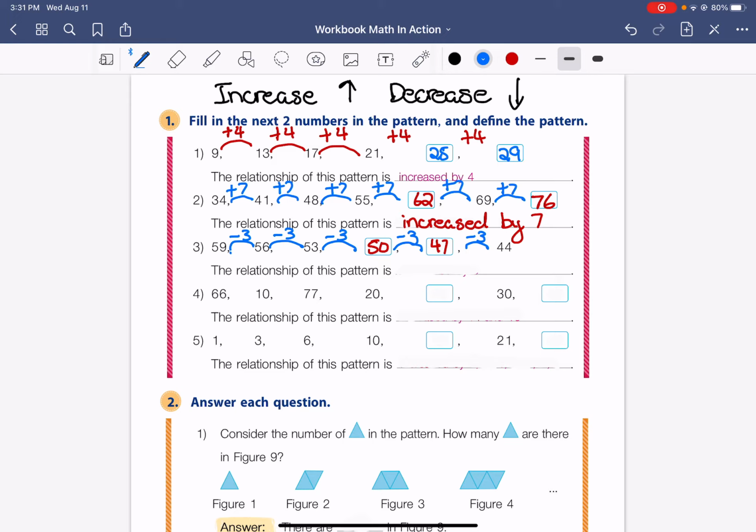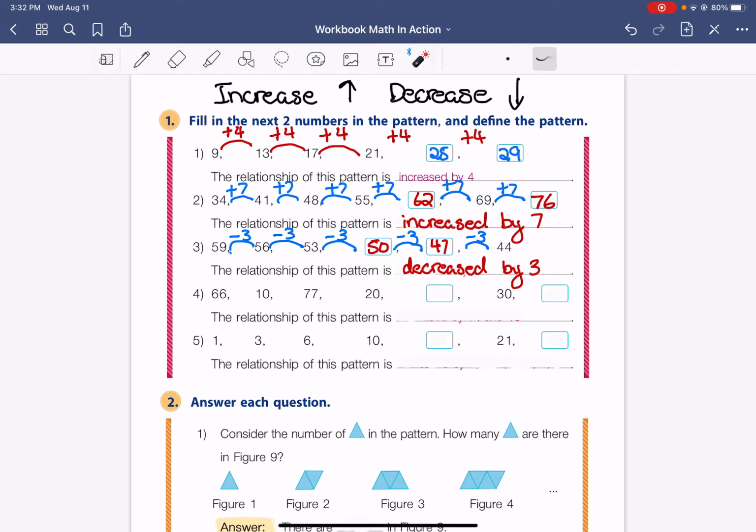So increase is going up. What's the opposite? We're going down now. So it is decreased by 3. That's how we know. Decreased by 3.